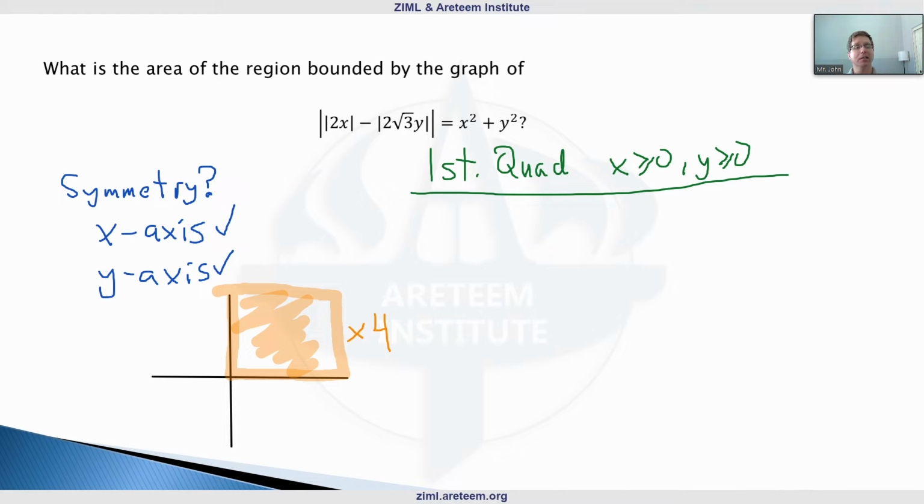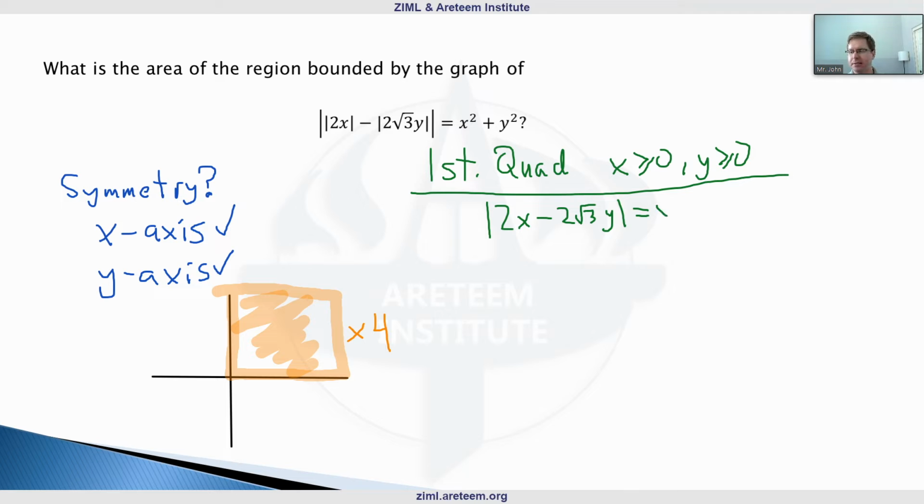What this does, first of all, is get rid of those inner absolute values. We can't get rid of the total absolute value here, but the inner absolute value of 2x just becomes 2x because that's positive. The 2 root 3 y just becomes 2 root 3 y with no absolute value.